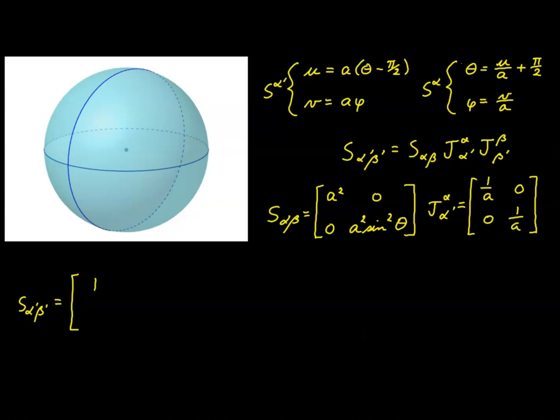All right, let's try S1' 2', and that's going to be equal again to this, this time with Jacobian 1 1', Jacobian 1 2'. These 2 indexes down here have to match these indexes each time. So S22 times J2 1', J2 2'.